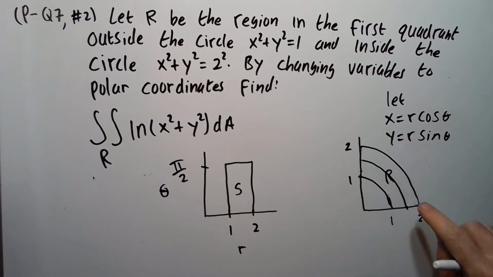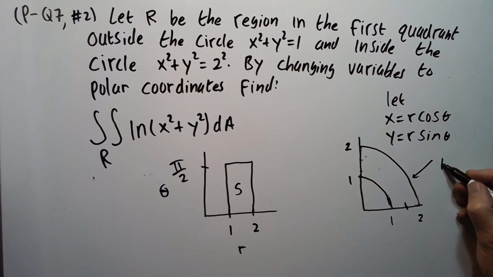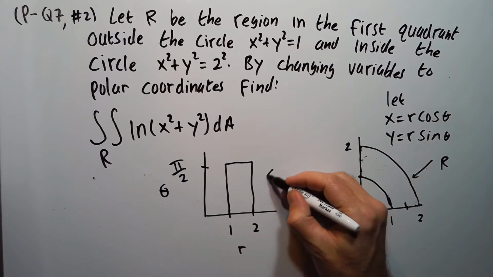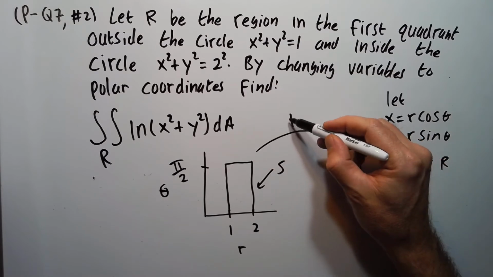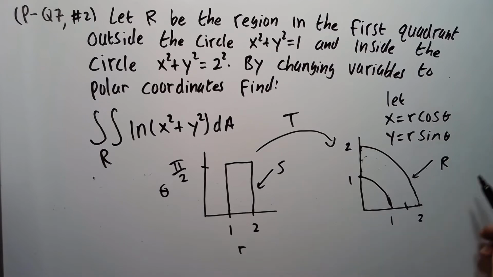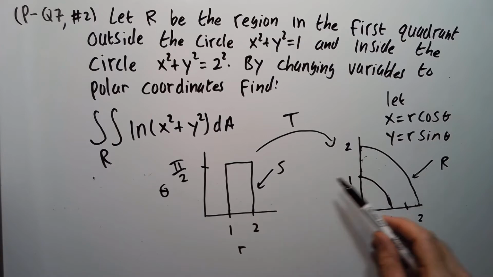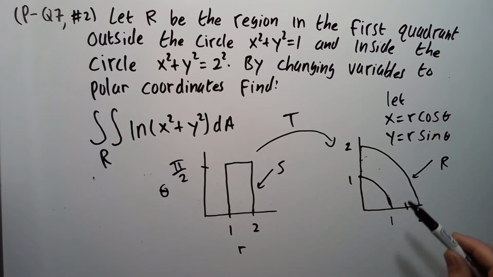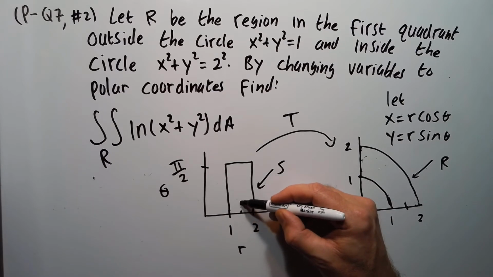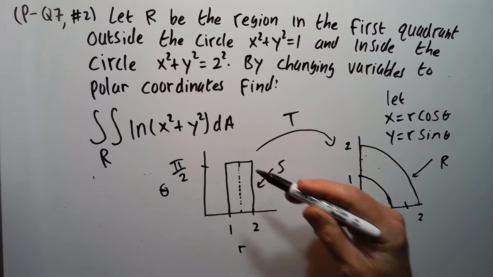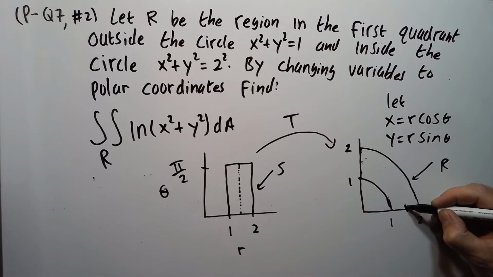So in particular, let's take this away for a second here. Put our R out over here. Actually, I'm going to move my S out over here too. That's my S right there. We can find a mapping between them. Let's call it T. So I claim making the substitution for x and y will map this rectangular region into this over here, this region R. So let's take a look. For example, if I went here, say, let's do dotted, I claim that guy would map into this.